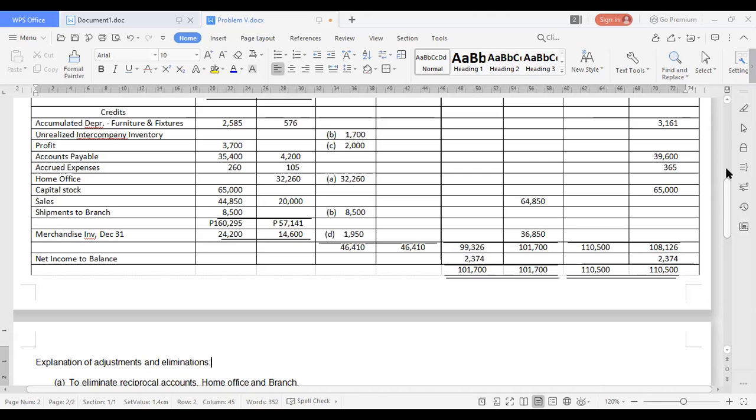It cannot be that you add to debit and credit. Once you add to the debit side of the income statement, then you add to the credit side of the balance sheet. We have now our net income of 2,374.